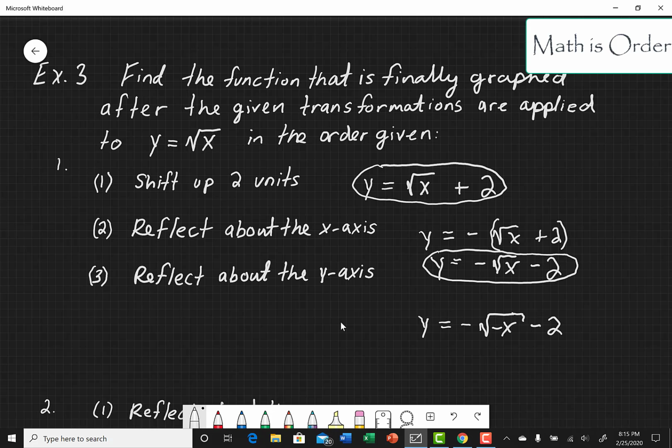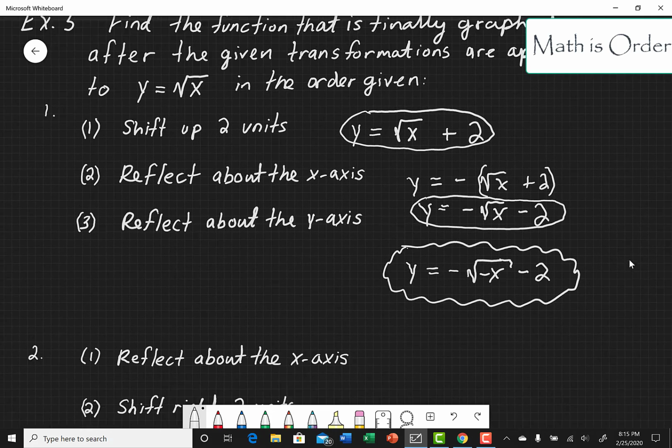All right, so here's our finally transformed function, after all of these transformations in order, this one, next this, and finally this. This is our final function after all of these transformations were performed.